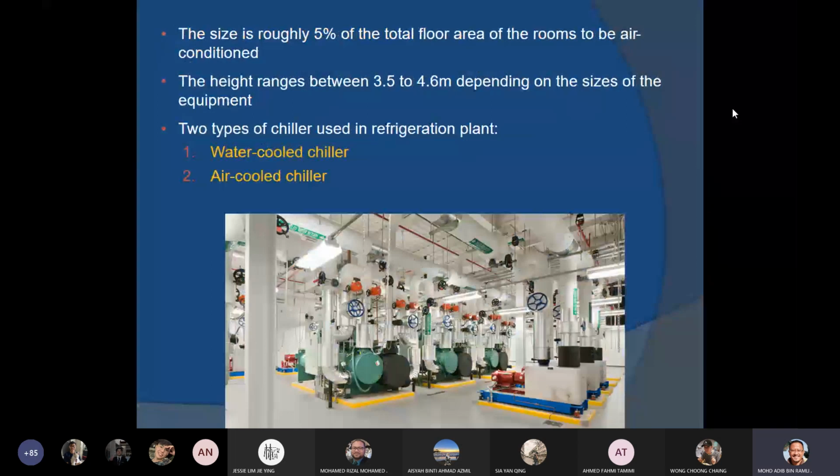Please take note, because I'm not sure whether in semester 6 you are going to include a plant room in your design or not.